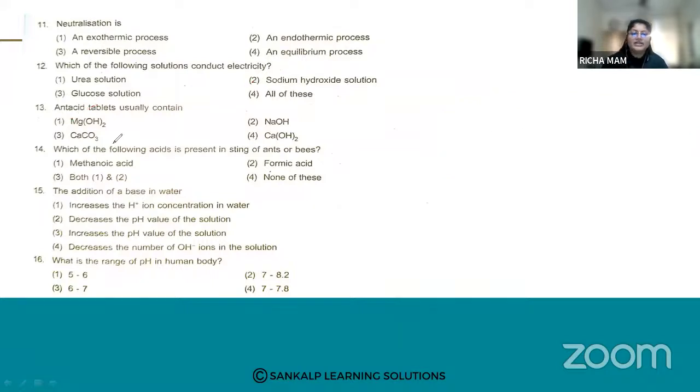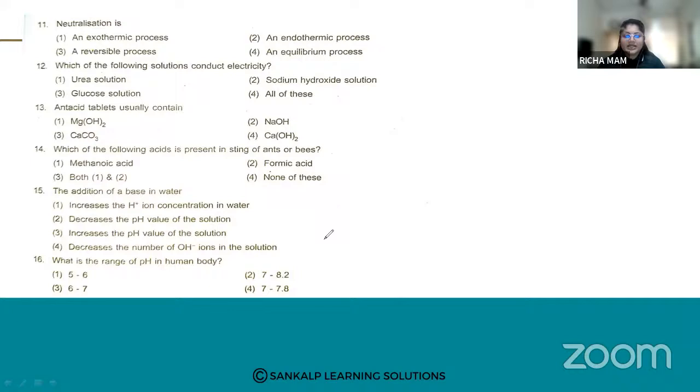Which one of the following acids is present in the stings of ants or bees?